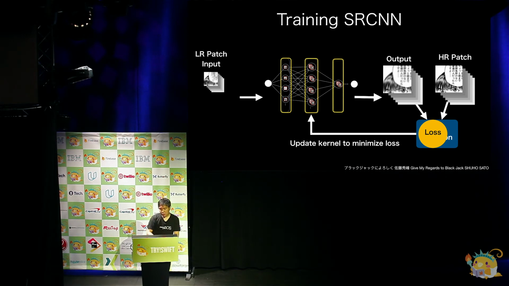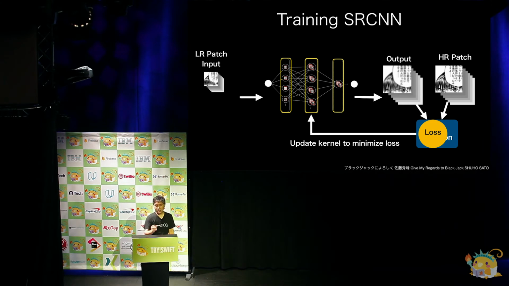In the FSRCNN model training, first, a low-resolution patch image is input into the model, which executes super-resolution processing and outputs an image. A loss function is used to compare the margin of error in pixels between the output image and the training data. This margin of error is referred to as loss.